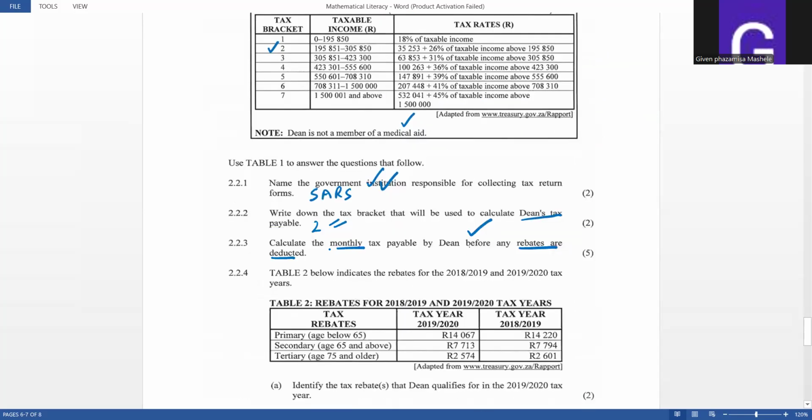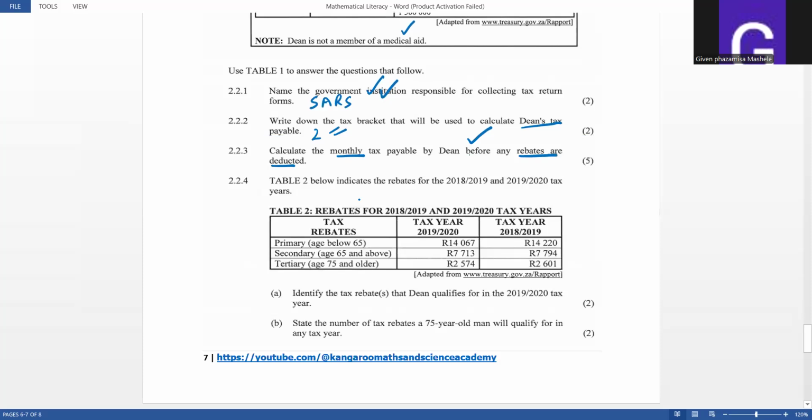Now the next question says Table 2 below indicates the rebates for 2018/2019 and 2019/2020. Identify the tax rebates that Dean qualifies for in 2019/2020.